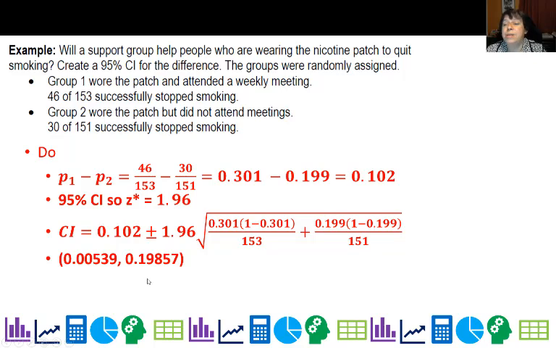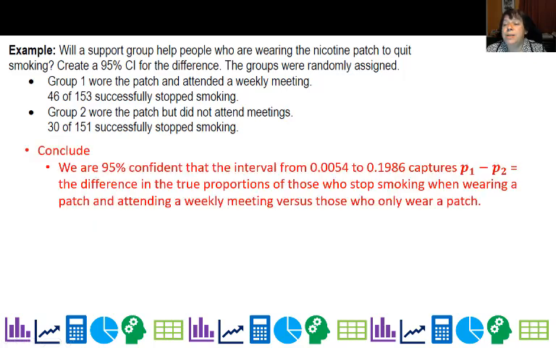And what can I conclude? Well, basically, I can conclude that we are 95% confident that the interval from 0.0054 to 0.1986 captures the difference in the true proportions of those who stop smoking when wearing a patch and attending weekly meetings versus those who only wear a patch.